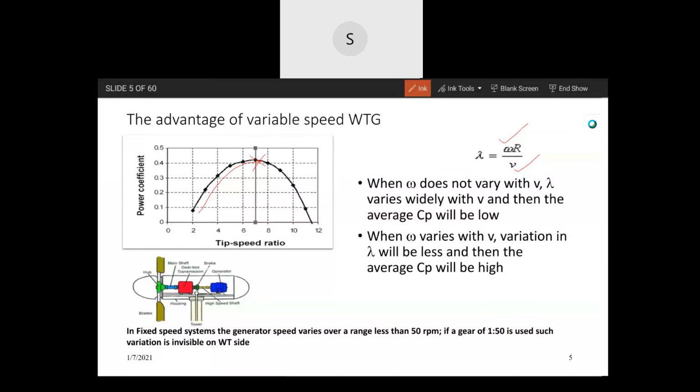Now I can make the comment that variable speed wind turbine generators are more efficient than fixed speed wind turbine generators. This is proven in the field. In fact, commercially, grid connected wind turbine generators have been there from 1981, since the first one was installed in California.